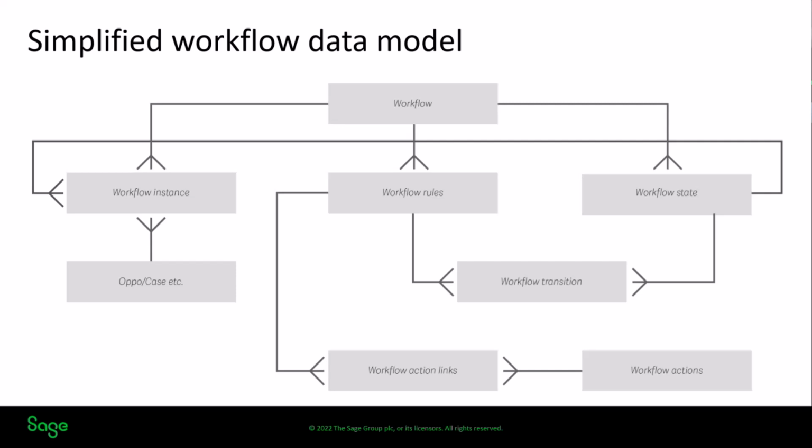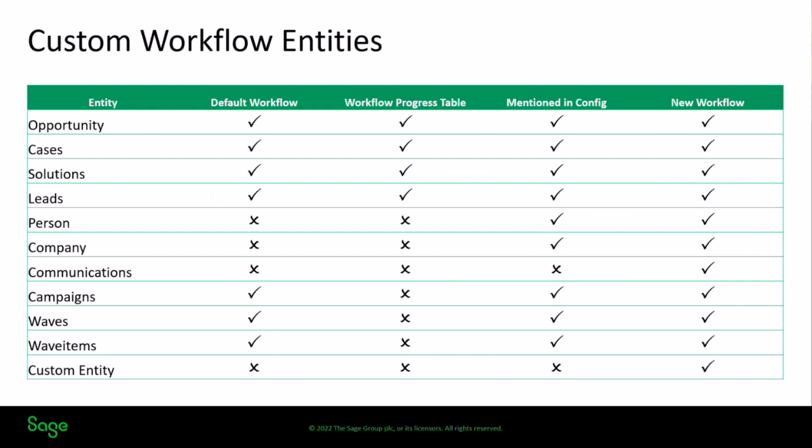And you will see here that this is where you have things called the workflow rules, which are the behaviors associated with the workflow. We're going to be looking at all of these now as we explore in practical terms how a workflow is built.